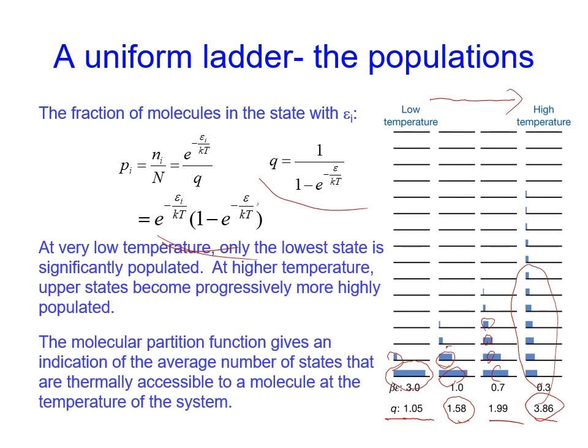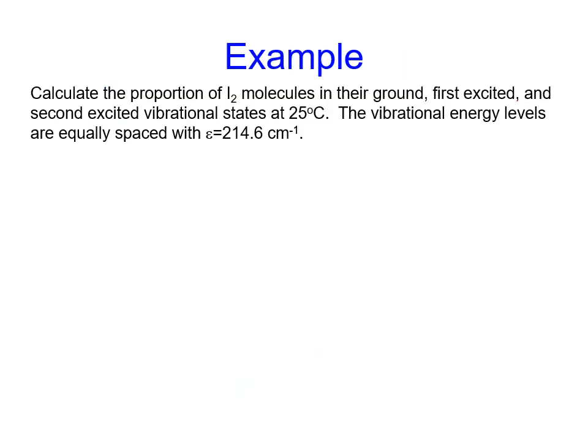So at a very low temperature, only the lowest state is significantly populated. At higher temperature, upper states become progressively more highly populated. The molecular partition function gives an indication of the average number of states that are thermally accessible to the molecule at the temperature of the system.